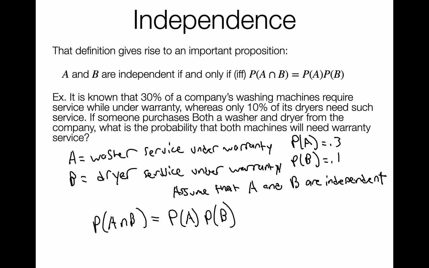Okay, and so to get this intersection, we can say it's 0.3 times 0.1. And when you do that multiplication, you get 0.03. And so this means that the probability of having both serviced before the warranty runs out is 3%. Okay? So that's how we can use that definition of independence there.